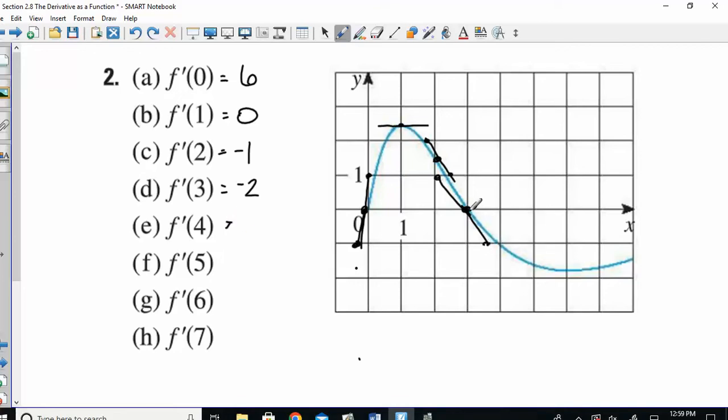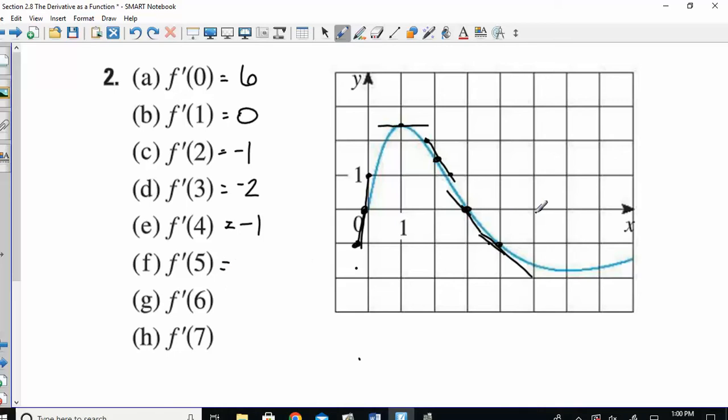All right, 4. This one is still negative, but it should be getting smaller, right? Can you see that the graph is kind of flattening out here? This line is a little less steep than the last one. So what do you think for that slope? About -1, probably something in that ballpark.